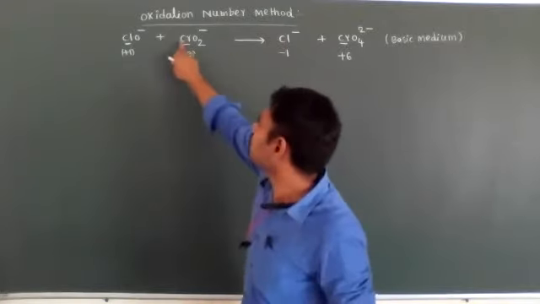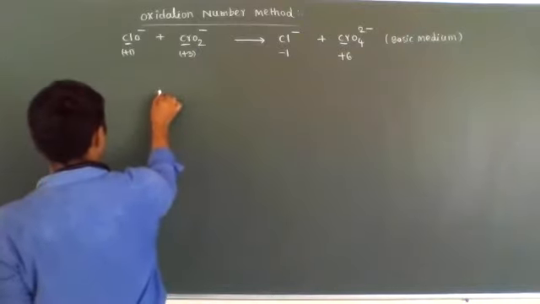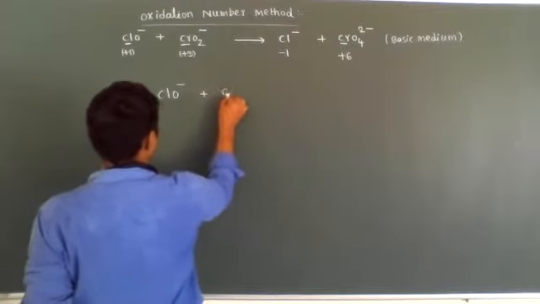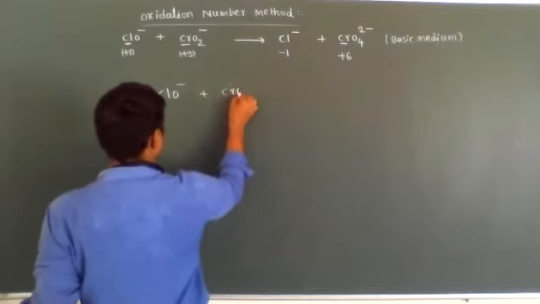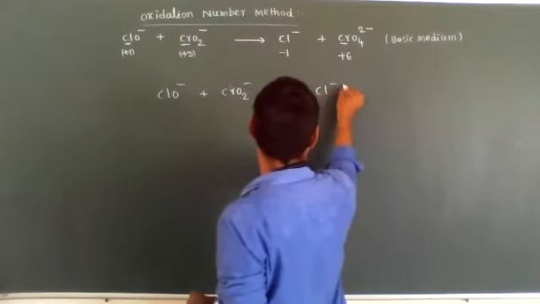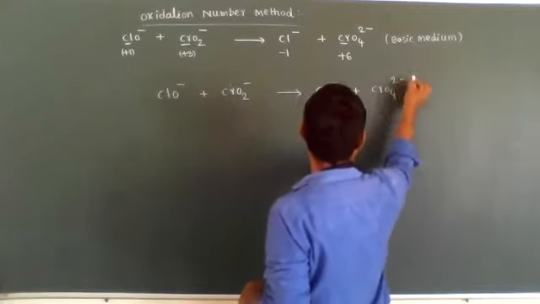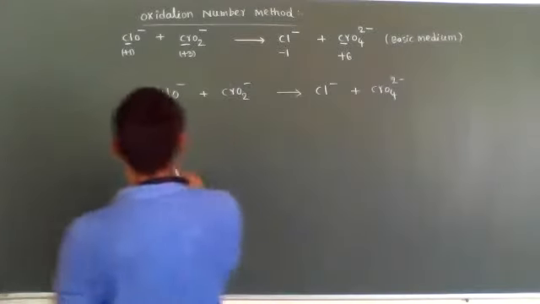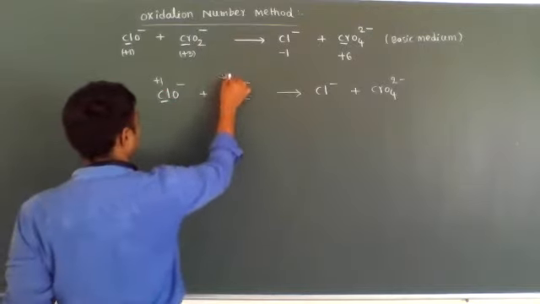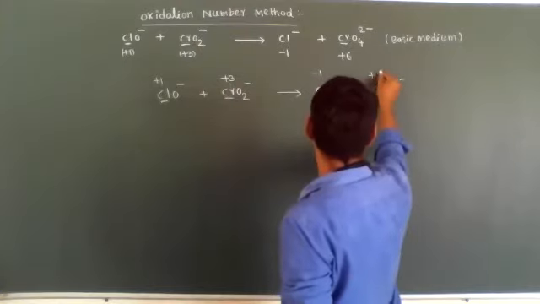Now you write that equation: ClO minus plus CrO2 minus converts into Cl minus plus CrO4 2 minus. Already we found the oxidation states: this is +1, this is +3, this is -1, this is +6.